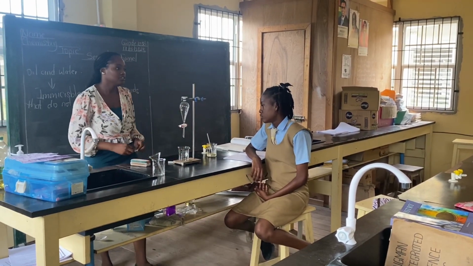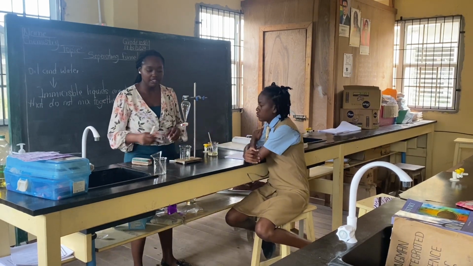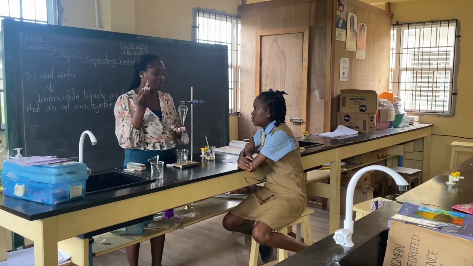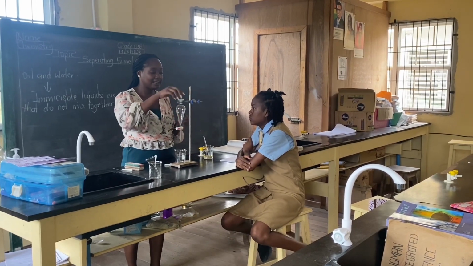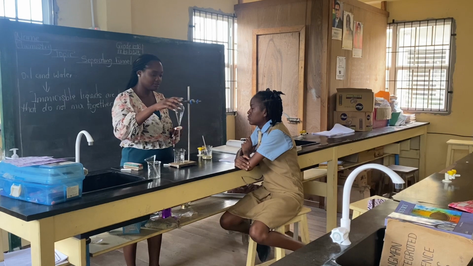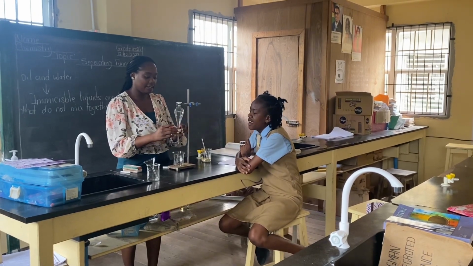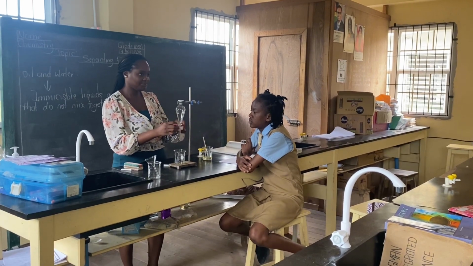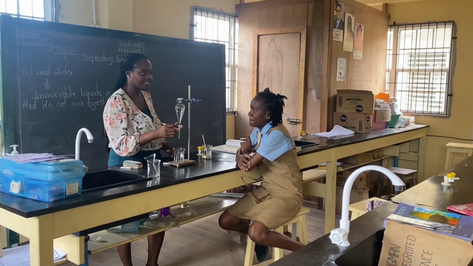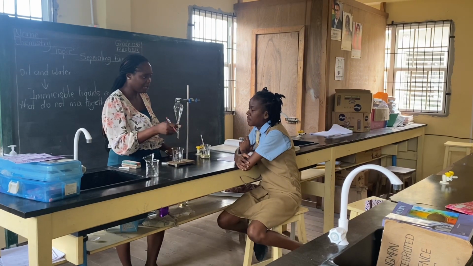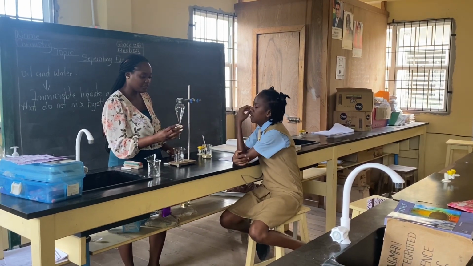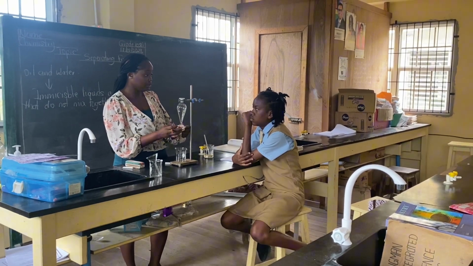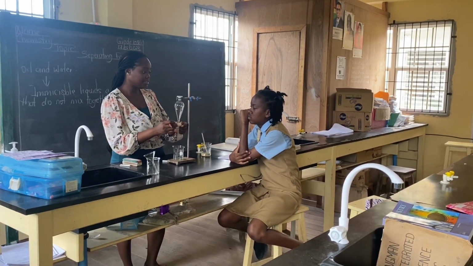Just like any apparatus, our separating funnel has various parts. Here we have the topper, and this acts as a lid to keep the funnel closed. Here we have the stopcock, and this acts as a pipe knob to open and close. When it is horizontal like this, it means that it is closed, and when we turn it vertically, it means that it is open.